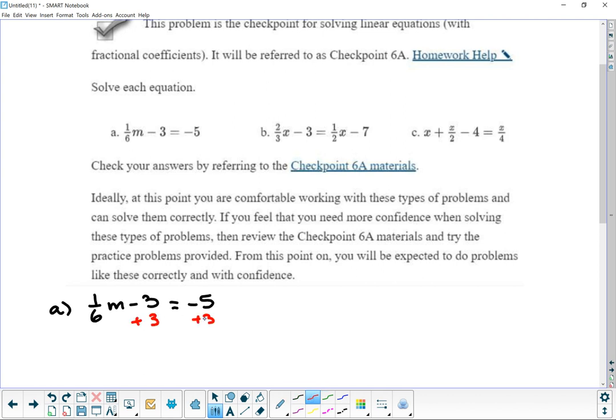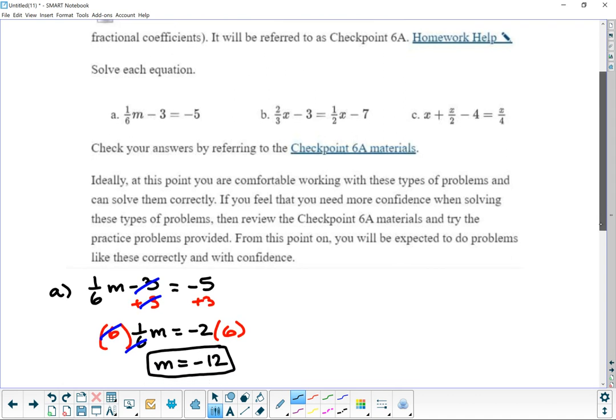So we get 16m equals -2. Okay, I'm going to multiply by 6 over 1, which is 6. Those cancel. We get m equals -12. Again, we're expecting you know how to do this with no issues at all.